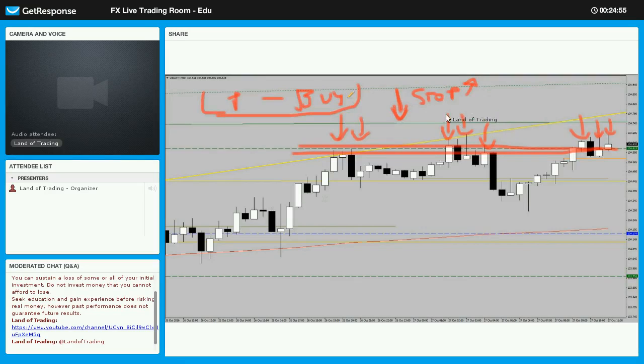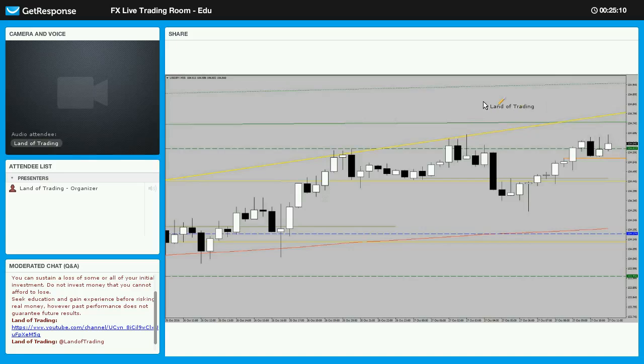Okay, so you are selling, liquidity providers are buying, and I can imagine that we are gonna see higher prices just to hit some stops, to activate the buy orders, so then the liquidity providers can unload their long positions.